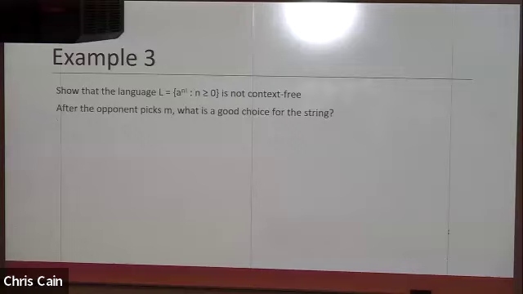A to the m factorial. A to the m factorial? I like it. Why is that a good choice?